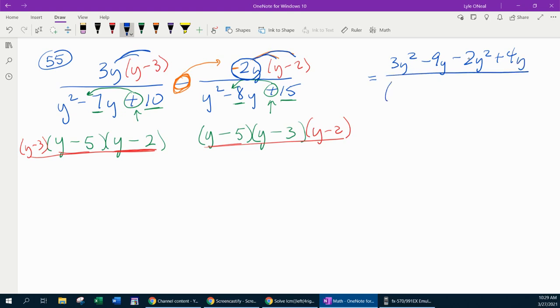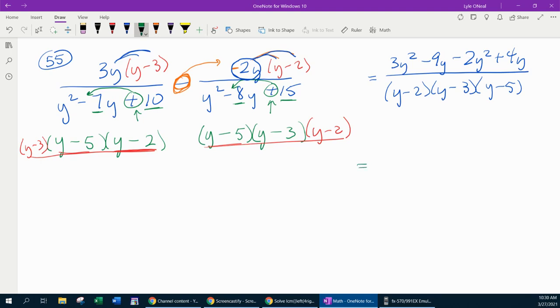All over our common denominator of y minus 2, y minus 3, y minus 5. And did you hear me say it doesn't matter what order you write those in? These factors can be written in any order. Doesn't matter. Now to finish it off, I need to CLT.